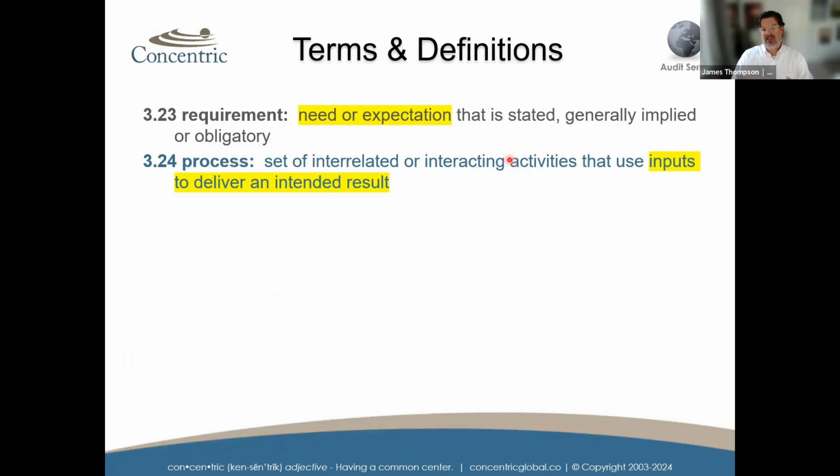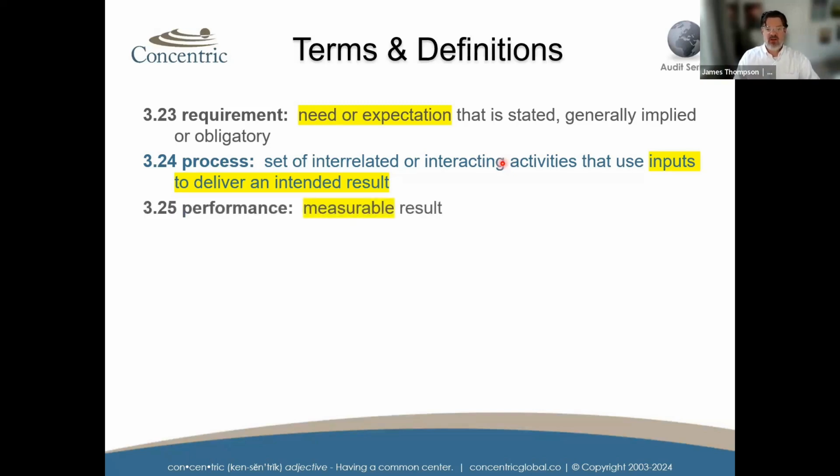The idea is there's some sort of activity that takes inputs, let's say paper, ink, power, an inkjet copy machine, and converts that into an intended result, which would be student manuals for a course like this, if a class like this needed paper copies of the presentation. So that's the process. It's that conversion from inputs into outputs.